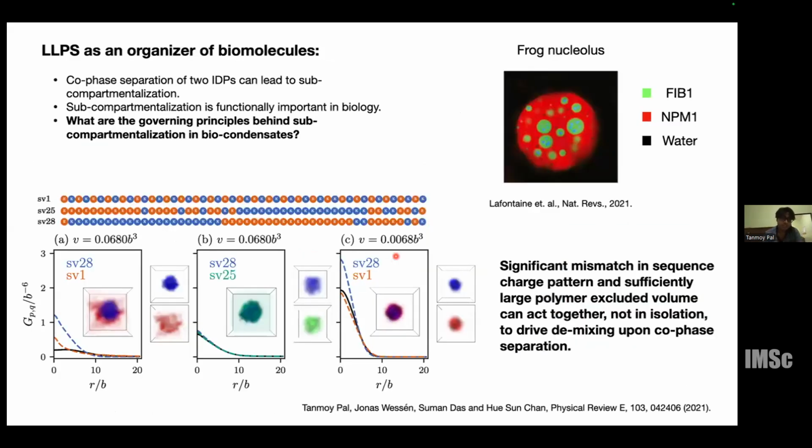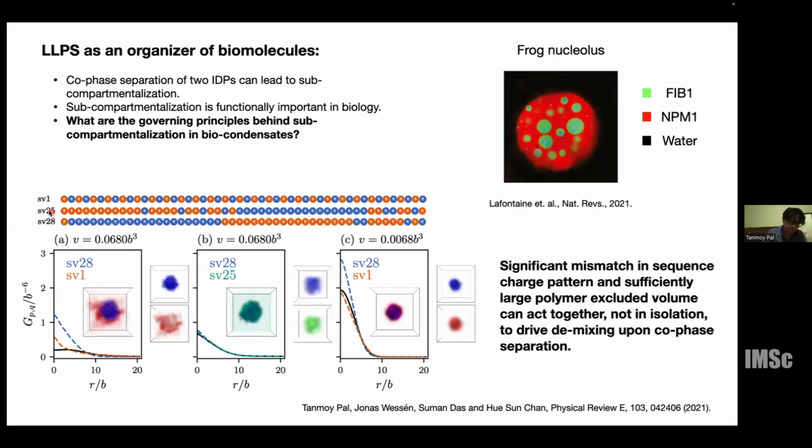Another useful property of LLPS is to organize biomolecules in the condensate. One famous example is this FUS molecule where F5 and NPM1 further subcompartmentalize in a phase separated droplet, or a ternary-like phase separation. So we wanted to know what could be the possible mechanisms behind this further subcompartmentalization. So we studied co-phase separation of these kinds of charge sequences.